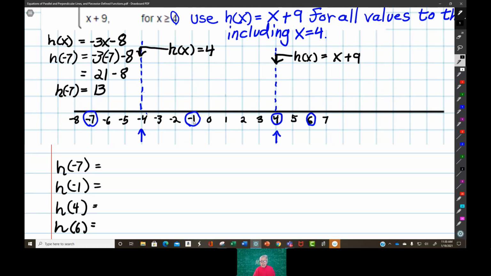Okay. Now in here, x equals negative 1. Let me write it down, 13. At x equals negative 1, well, that's going to go in here. H of negative 1 is going to equal, and there is no x over here for me to put the negative 1 in. So, h of negative 1 equals 4.